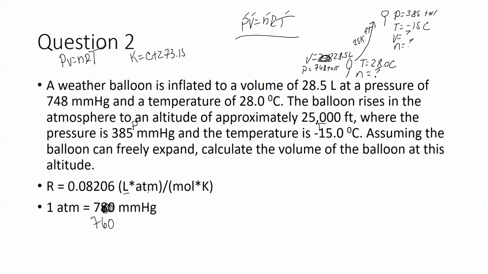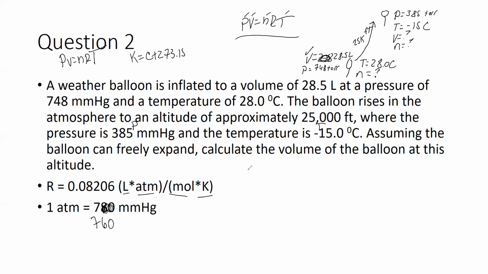Before we do that, we look at our R constant. Our R is in liters, atmospheres, moles, and K, so all of our units have to match that. Our volume's in liters, so we're good there. Our pressure's in millimeters of mercury, or torr, so we need to get into atmospheres.